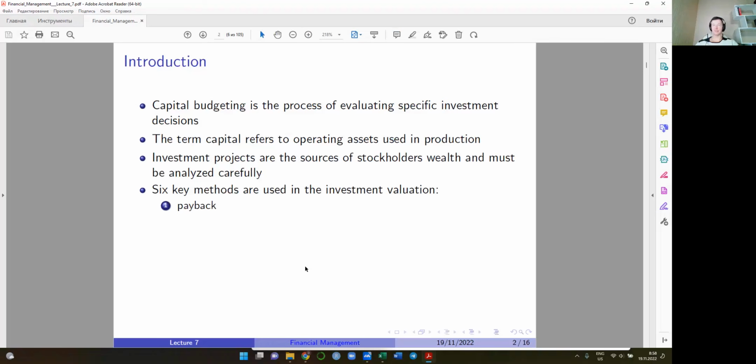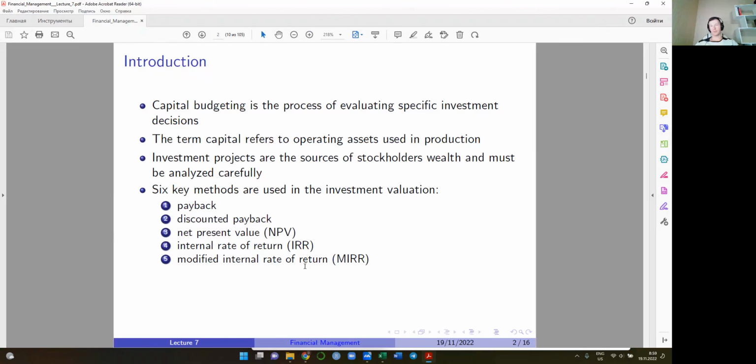There are 6 key methods, and we are supposed to know 5 of them: payback, discounted payback, net present value, or NPV in short, and internal rate of return. This is what you must be familiar with, and this is what you must be able to compute given cash flows.